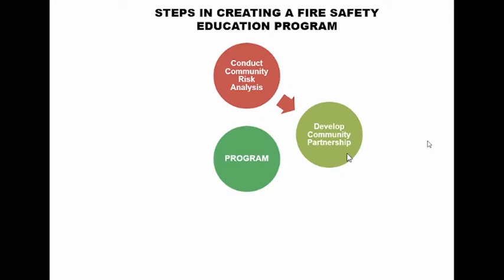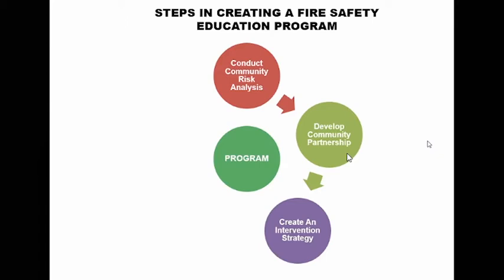Later on, I will show you a lot of partnerships that we have initiated sa region sa panahon ni Sir na Kapus. The third one would be create an intervention strategy. After you identify the risk, you now have mga kasangga, meron ka nang partners.